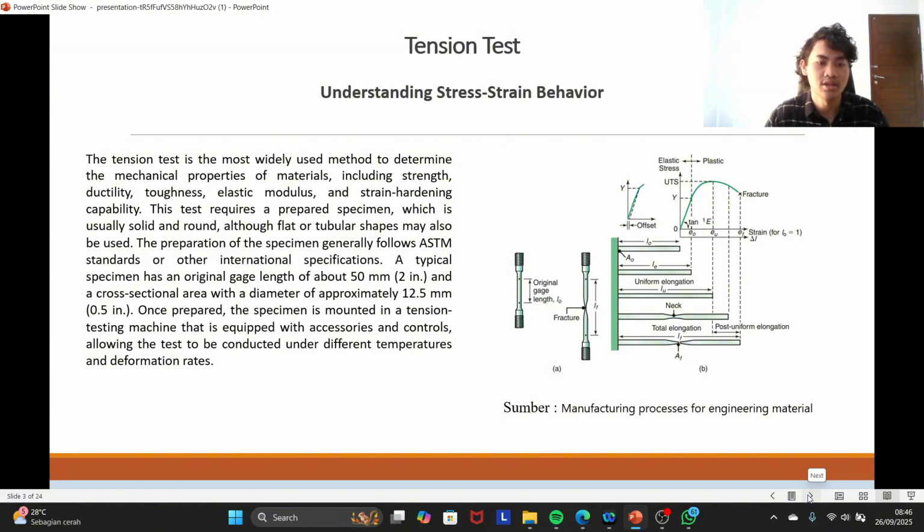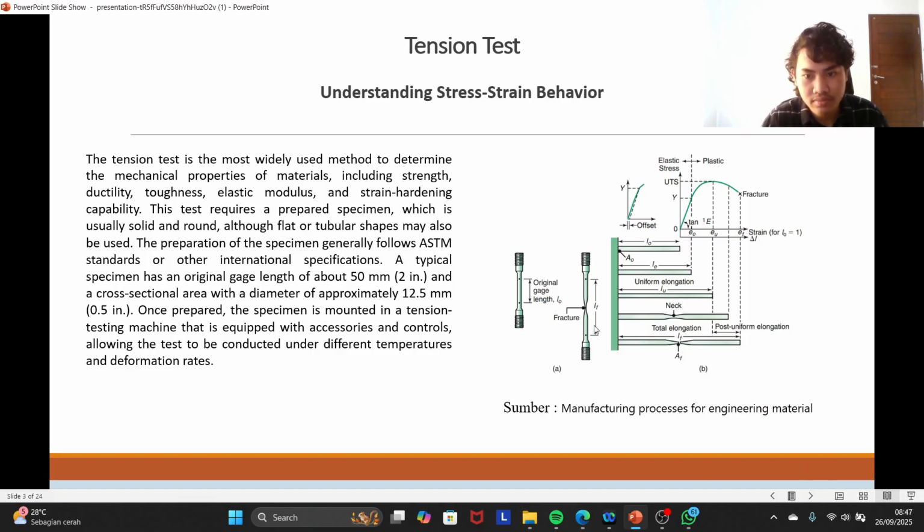A typical specimen has an original gauge length of about 50 millimeters and a cross-sectional area with a diameter of approximately 12.5 millimeters. Once prepared, the specimen is mounted in a tension testing machine that is equipped with accessories and controls, allowing the test to be conducted under different temperatures and deformation rates.